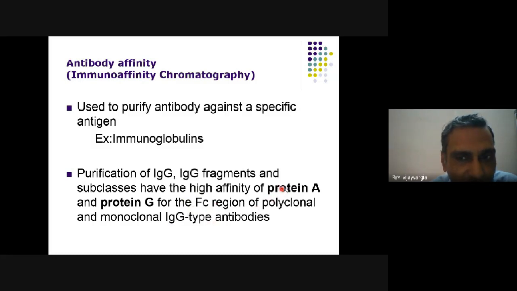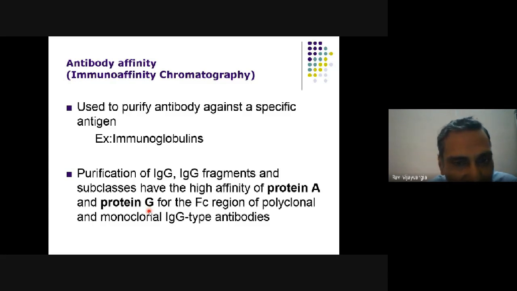So if you want to purify IgG antibodies, you can attach either protein A or protein G to the matrix through the linker, and pass the sample, potentially a serum sample or wherever you want to purify antibodies from, through the column.